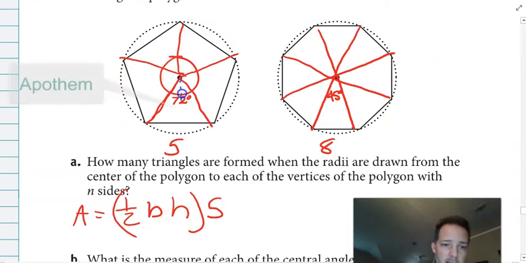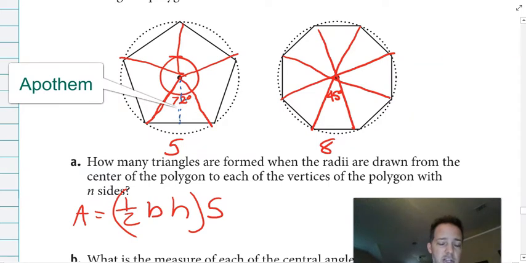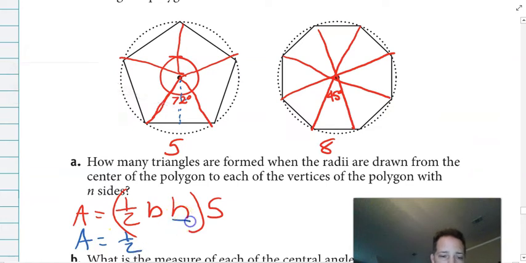So that piece right there is the apothem of the shape. So that could be replaced with an a. So area will equal 1/2, and then h is being replaced with the apothem. And when I multiply the base times 5, 1, 2, 3, 4, 5, the base of one triangle, if you multiply by 5, ends up just being the perimeter.